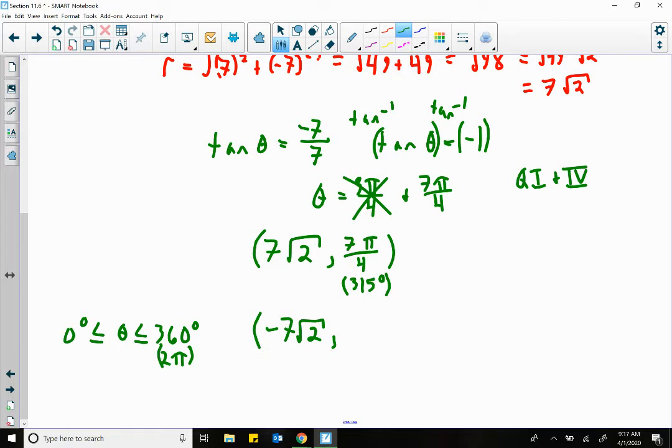So if I take 315 and add 180, because I'm working with the opposite, that's over 360 degrees, so we don't want that. But if I take 315 minus 180, that gives us 135 degrees.